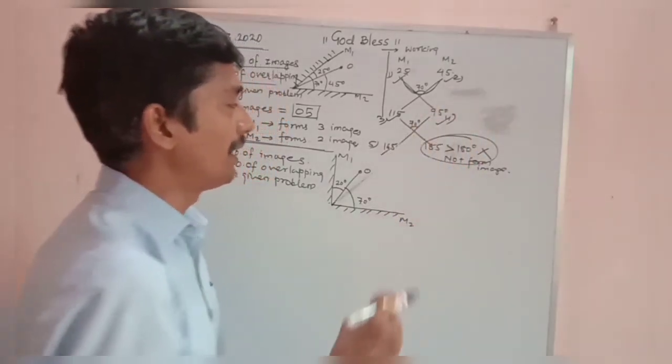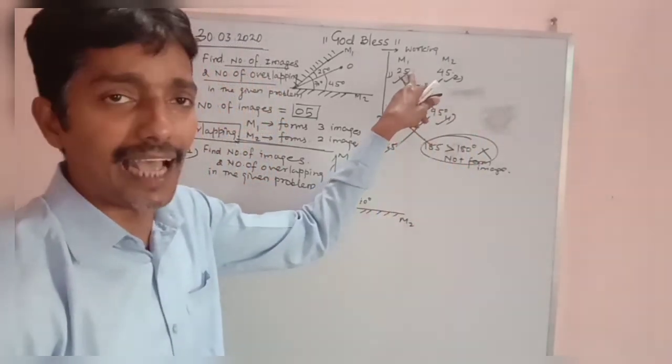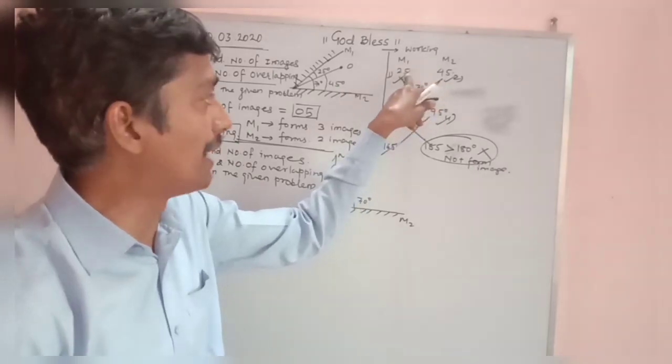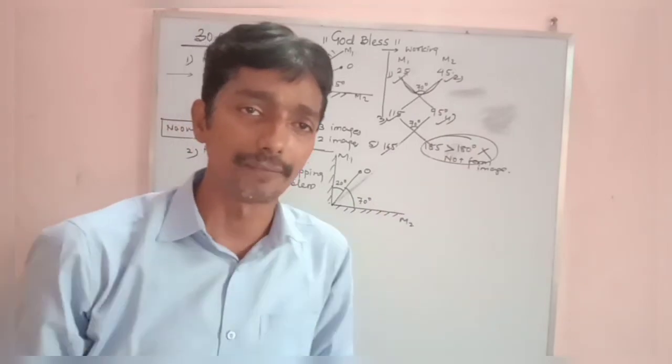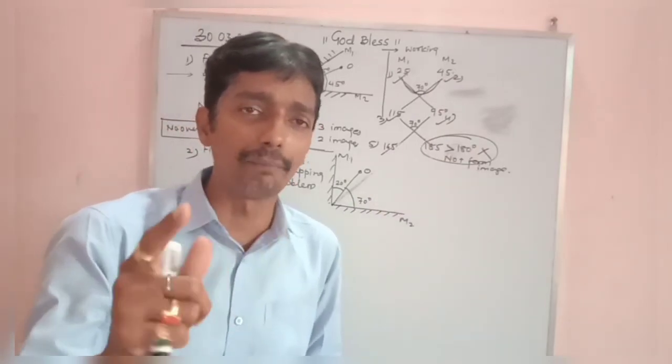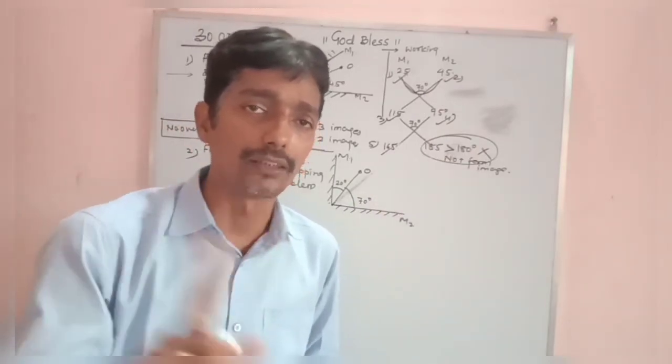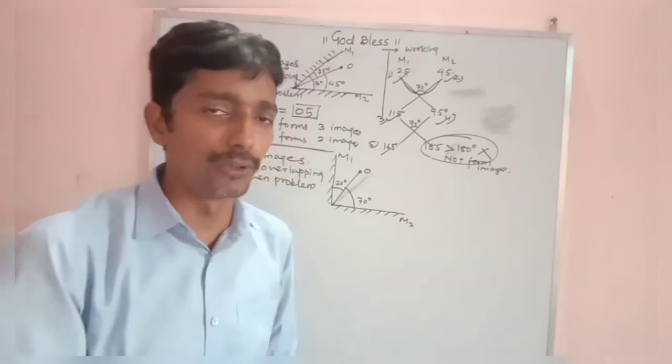Some students say overlapping means that the angle is the same, that is 25, and here also if it is 25, most students think overlapping has happened, because the angle made by both to the mirror is the same. No, wrong. Don't think that. I'll show you the case.